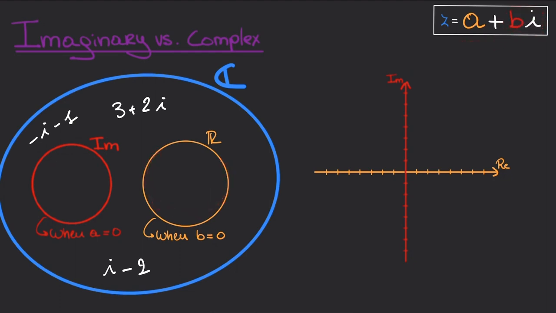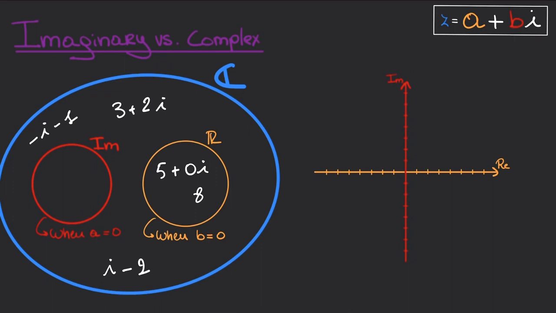Of course, it's still a complex number, but we can go further and say it's a real number. For example, 5 plus 0i is a real number. There is no imaginary part here. Of course, most of the time, we won't write 0i, and we are just going to let the number exist by itself. So I can also write 8, for example.